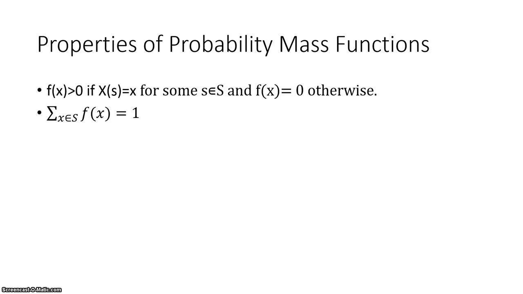Another property is that if we take all of the possible values of x that are associated with the sample space and we add up their probabilities, then they should sum to 1. So the sum of all of our f of x will be 1.